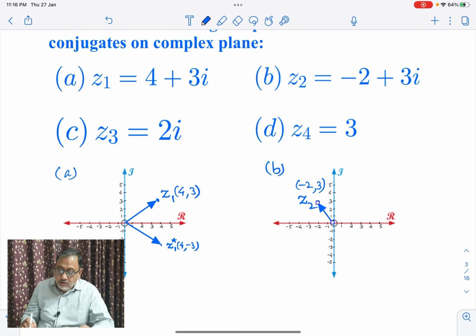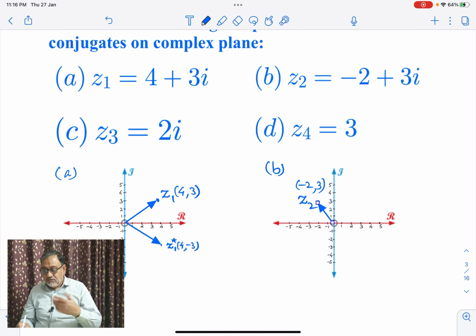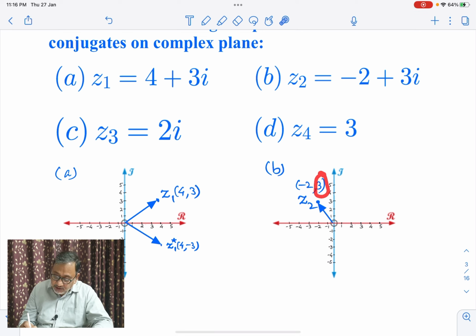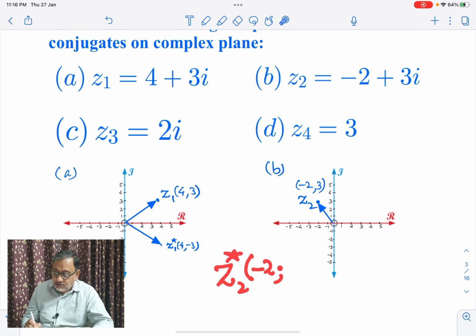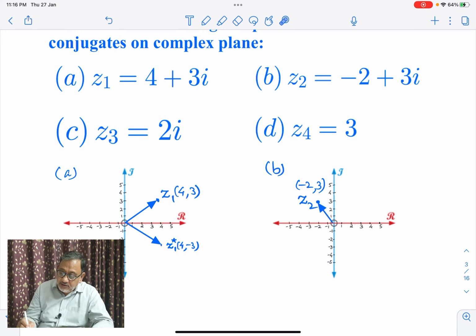Yeah. Now its conjugate, because we have to represent the conjugate of each one of them. Its conjugate will be what? Can you guess? See, we only change the imaginary part. So Z2 conjugate will be represented by the point minus 2 comma minus 3, which will be the reflection of Z2 in the real axis, somewhere here. Okay.